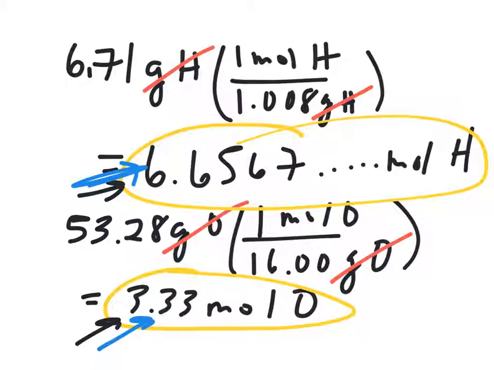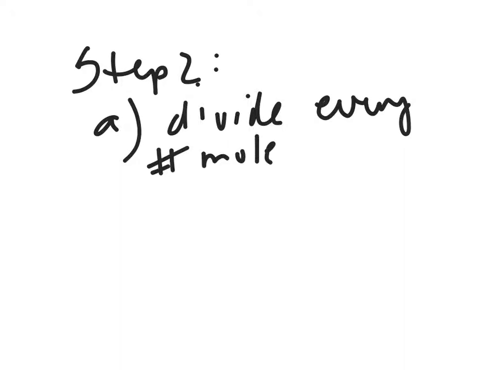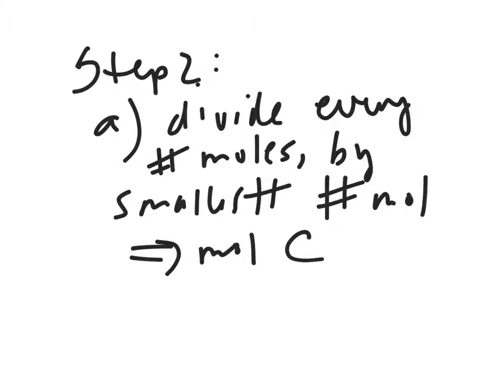We are going to first divide every single amount of moles, every number of moles that we just calculated, by the smallest number of moles. In this case, it was the moles of carbon.